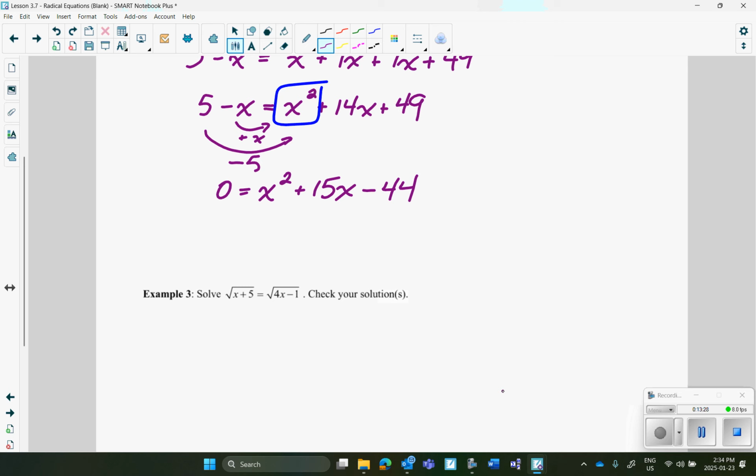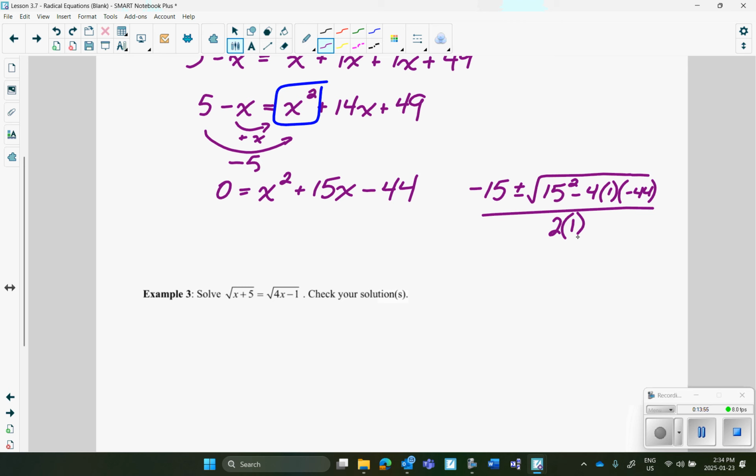Yes, the quadratic formula will work, but look at it. Watch. Negative b, so negative 15 plus or minus the square root of 15 squared minus 4 times 1 times negative 44, all over 2 times 1. Why is it negative?